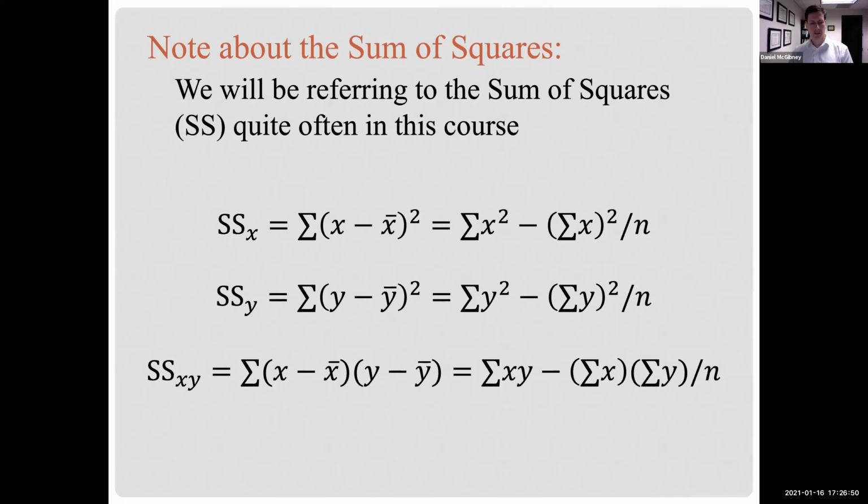So SSX is the sum of x minus x bar quantity squared, and that value is equivalent to the value I presented to you on the previous slide. Those two ways of finding the sum of squares of x are actually mathematically equivalent as shown here. We also see that the sum of squares of y and the sum of squares of xy have corresponding mathematically equivalent equations as shown here.